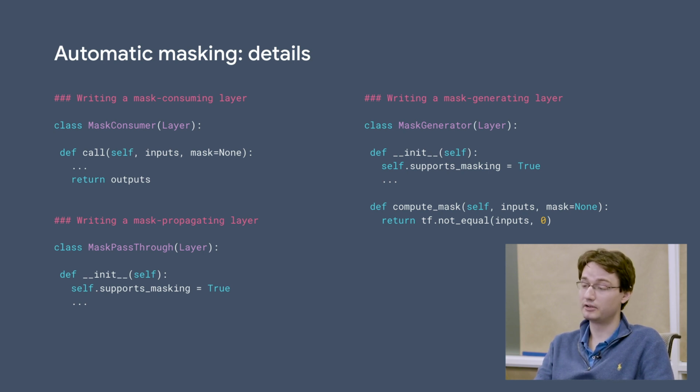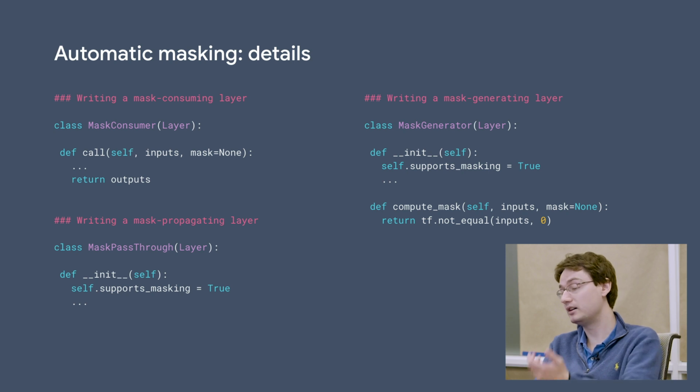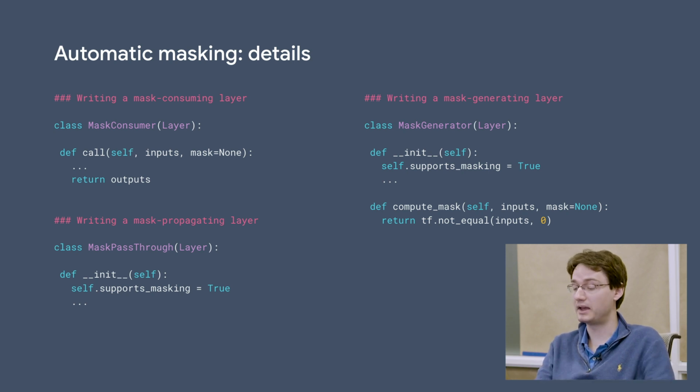If you have a concatenate layer, for instance, it's not going to be looking at the input values, but it needs to look at the masks, the two masks being passed, and concatenate them. And if one of the masks is none, for instance, it's going to have to generate a mask of ones. Okay, so that's the very detailed version.